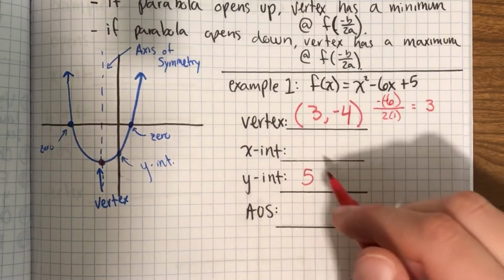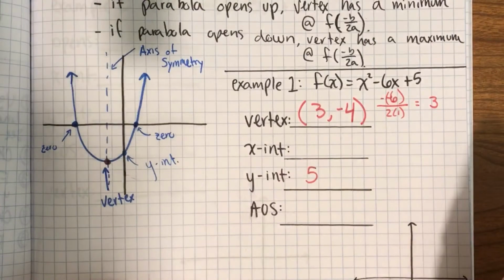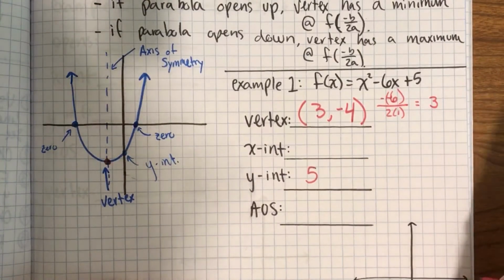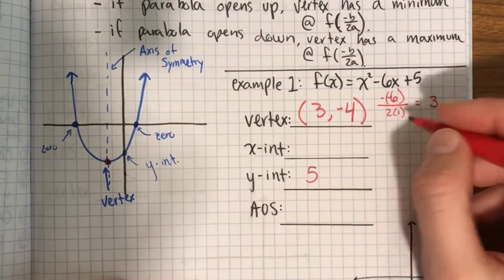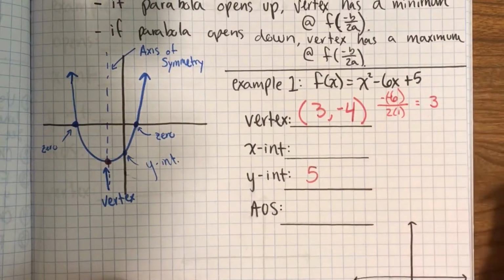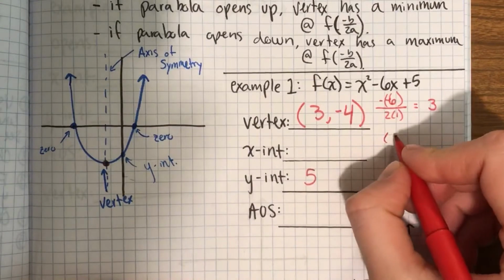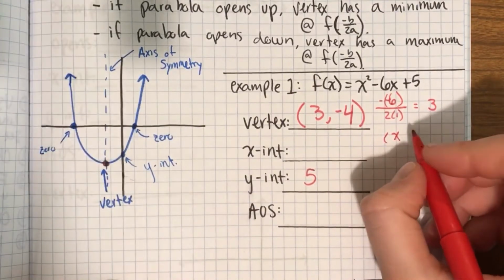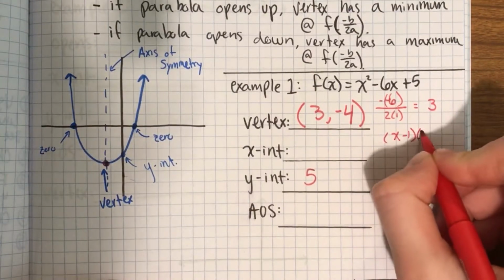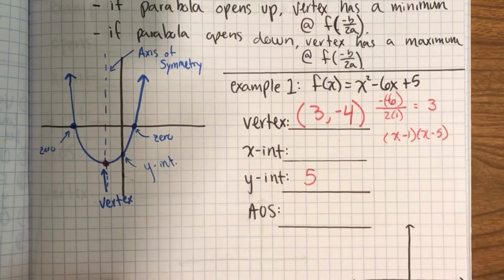Finding our x-intercepts, that's where our graph crosses the x-axis. An easy way to do that is to factor or to look at your graph. If I were to factor this, I would get x minus 1 and x minus 5.